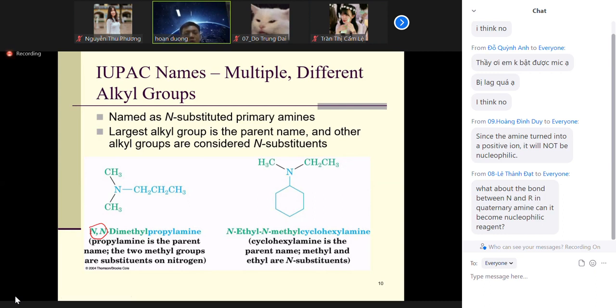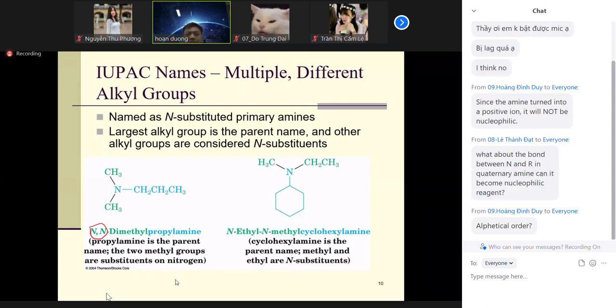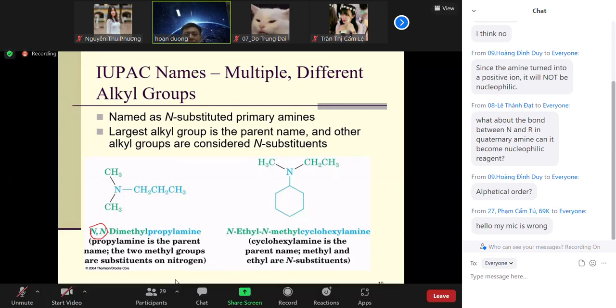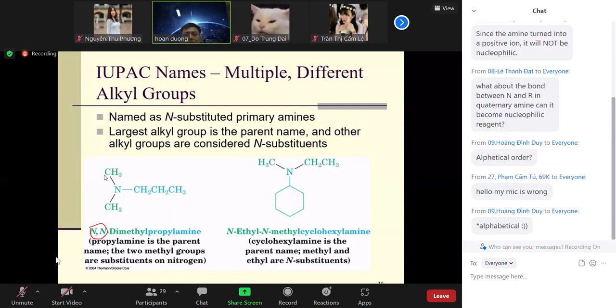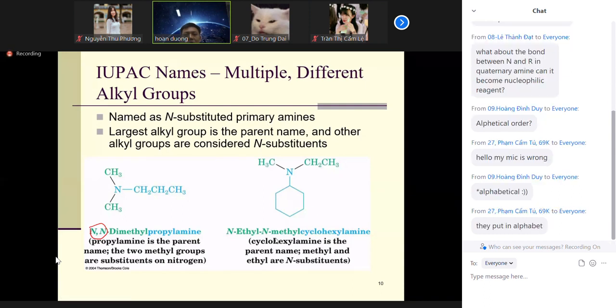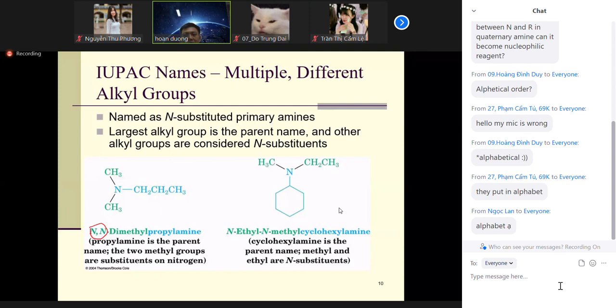Why don't we put propyl in front of methyl in the name of this kind of amine? Cẩm Tú. Alphabetical. Okay, right. We have to follow the alphabet, we're used to that.